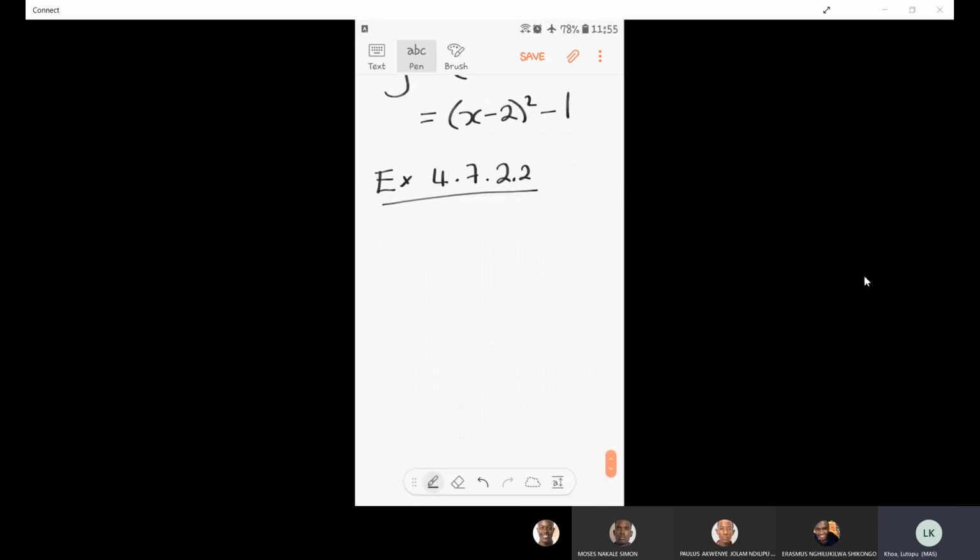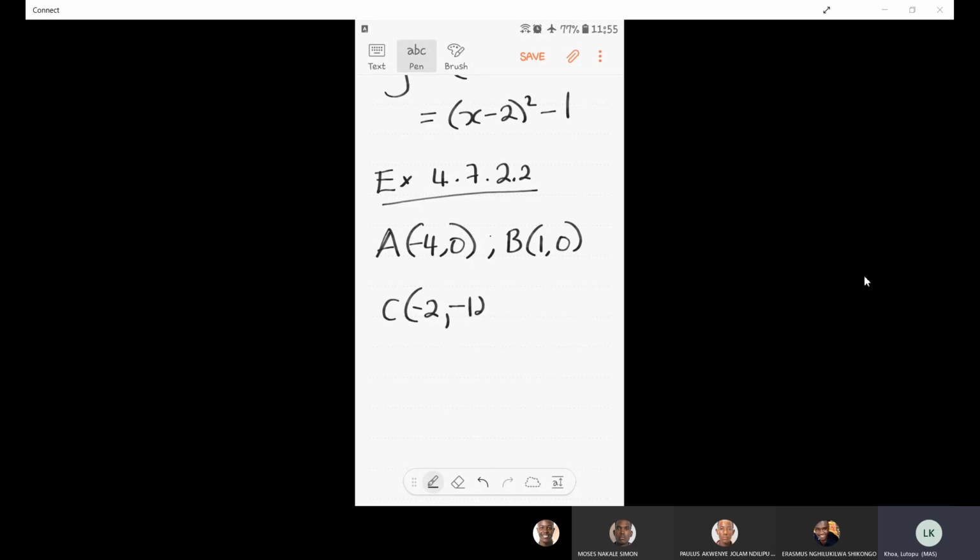Now we are given these points A, which is (-4, 0), B, which is (1, 0), and then C, which is (-2, -12).